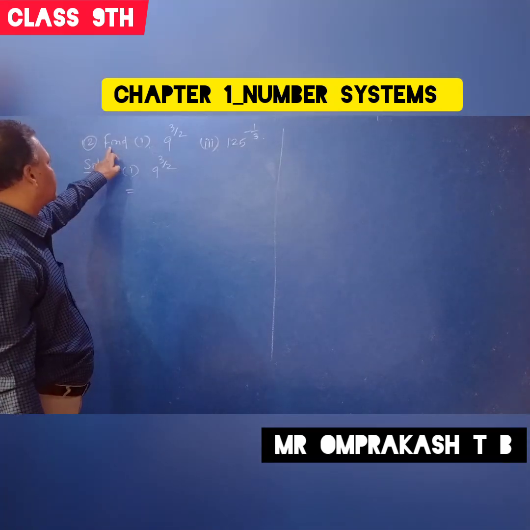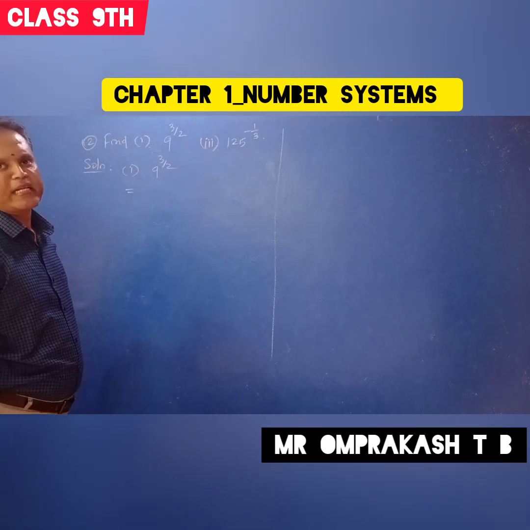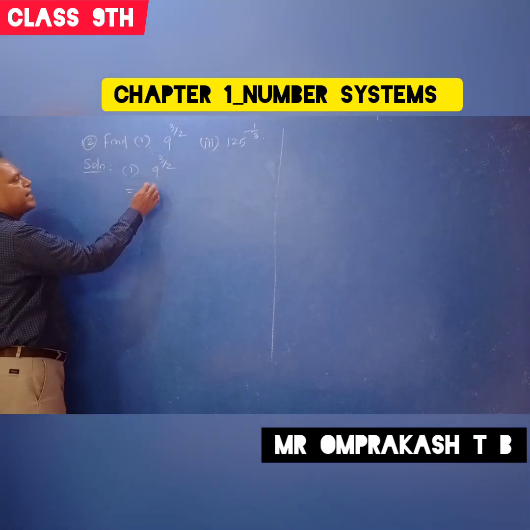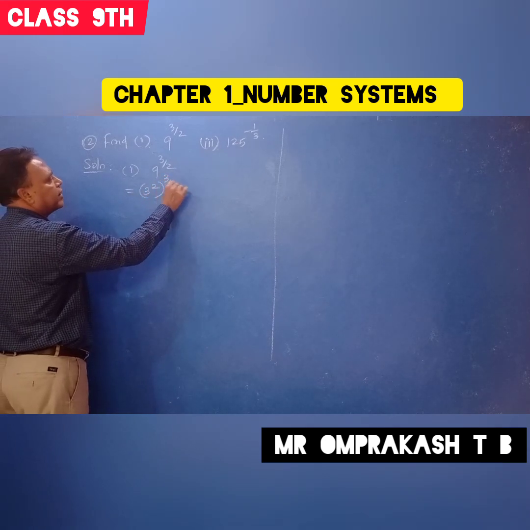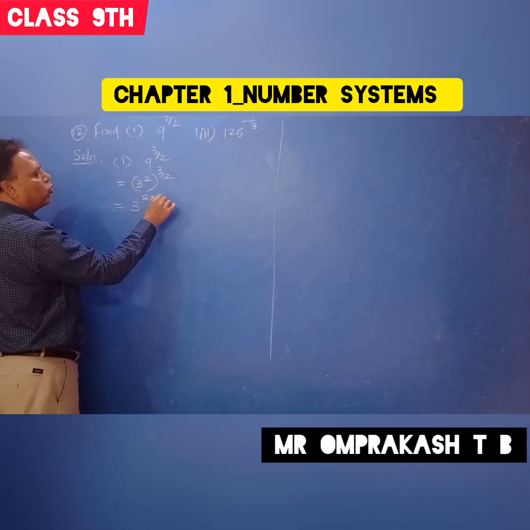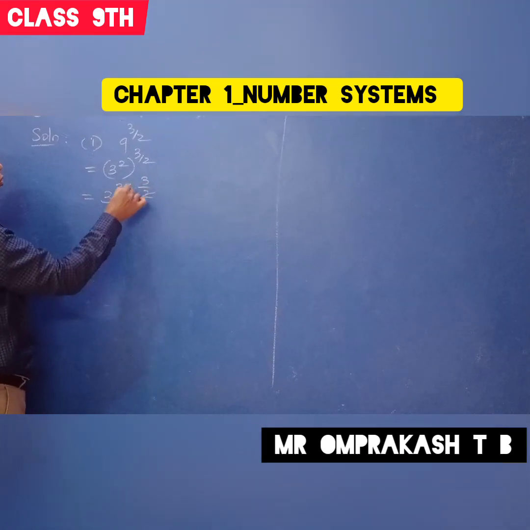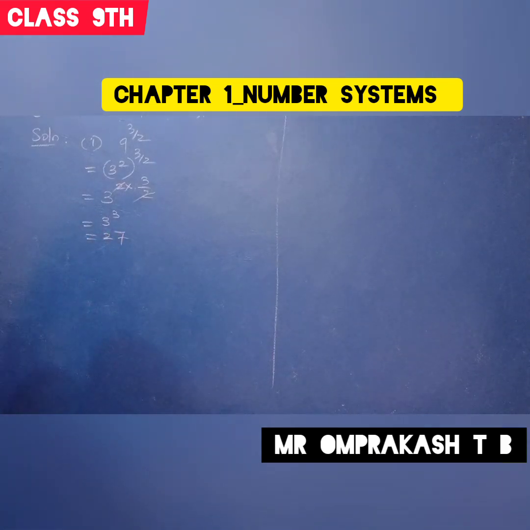The next problem we will see: 9 power 3 by 2, and 125 power minus 1 by 3. You see 9 power 3 by 2, 9 can be written as 3 power 2. Again apply the power of power rule: 3 power 2 into 3 by 2. The 2s get cancelled. So 3 power 3 is 27, 3 multiplied 3 times.